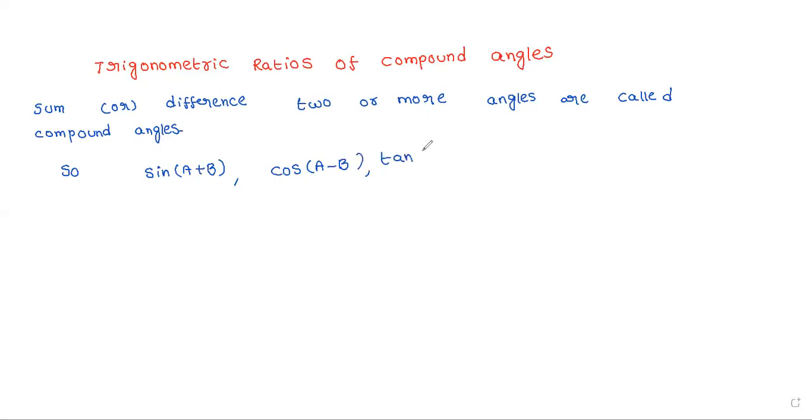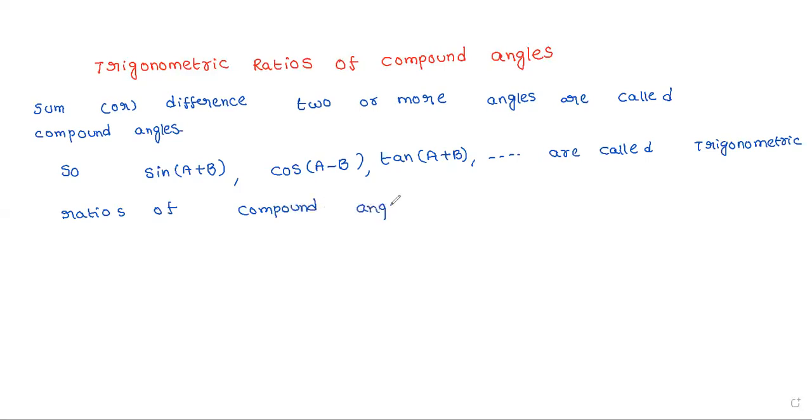Tan of a plus b, cot of a minus b, and so on, are called trigonometric ratios of compound angles. So very important formula.